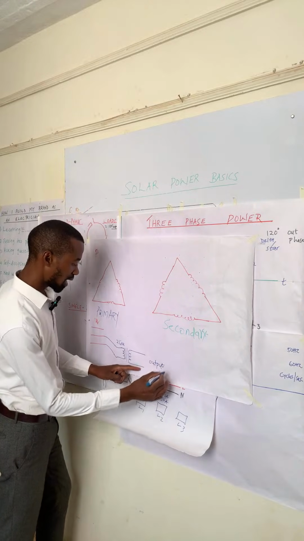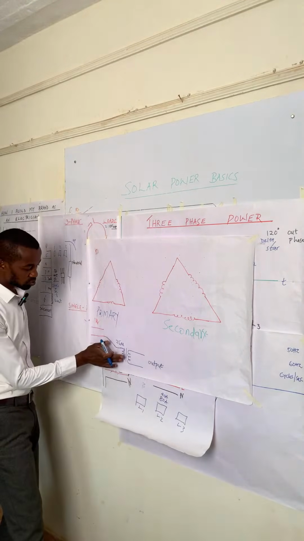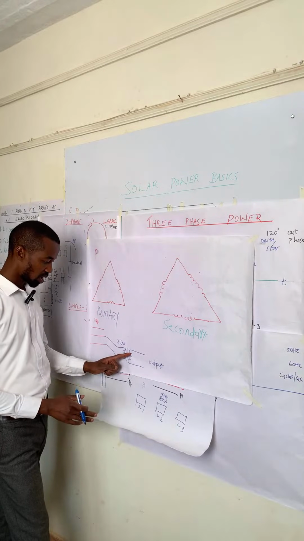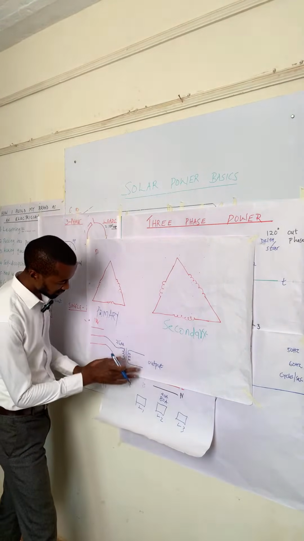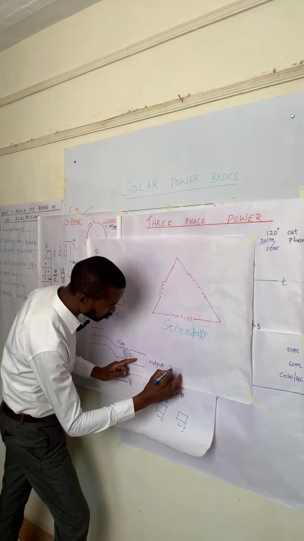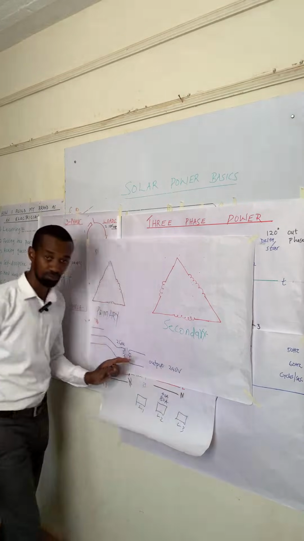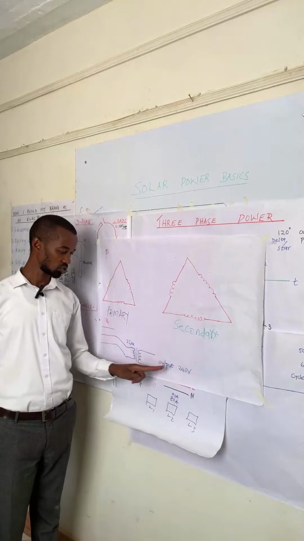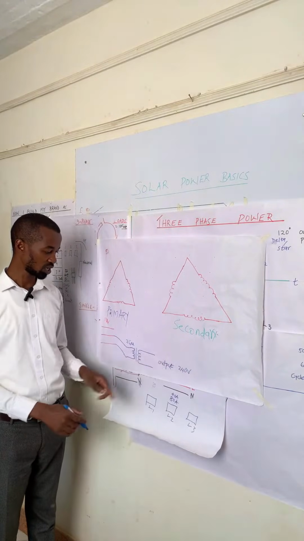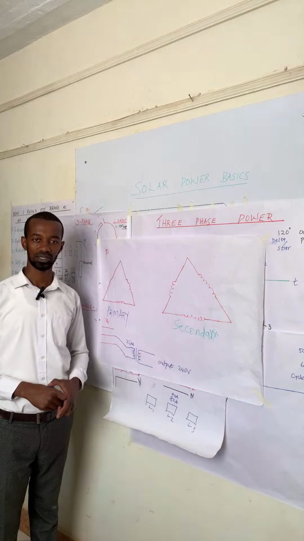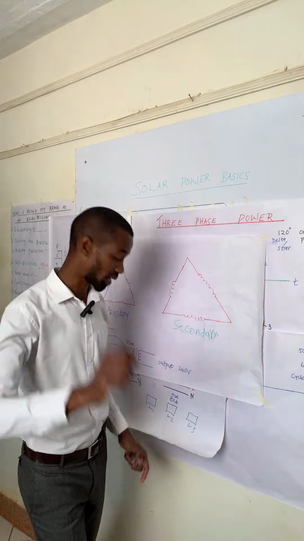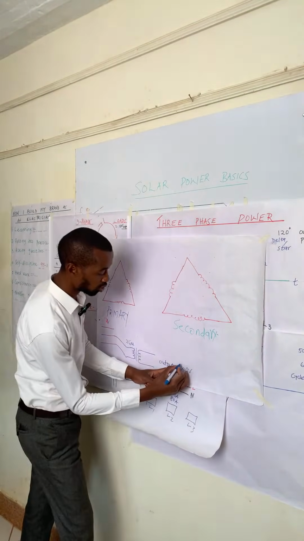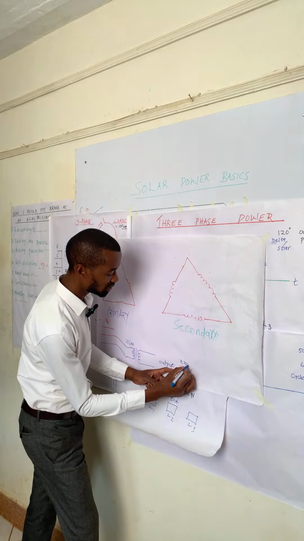Now, for these transformer types, we can have an output of 240 volts, tapping from end to end, so that we can supply single phase customers in regions that require 240 or 220 volts.